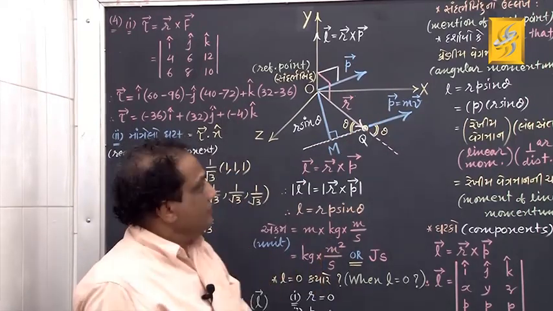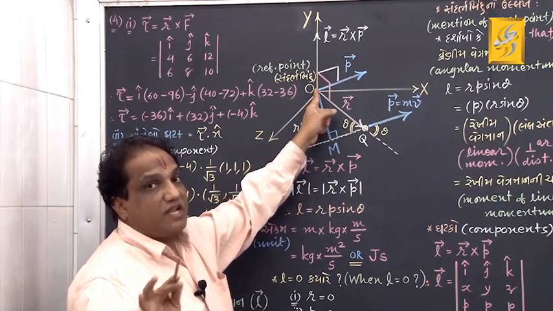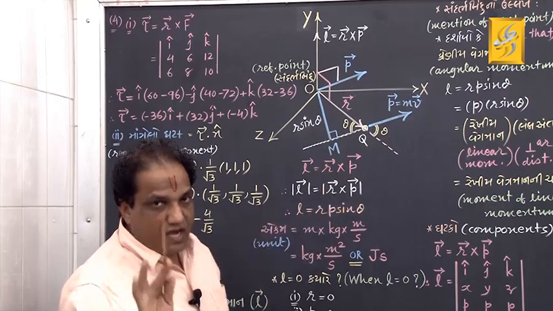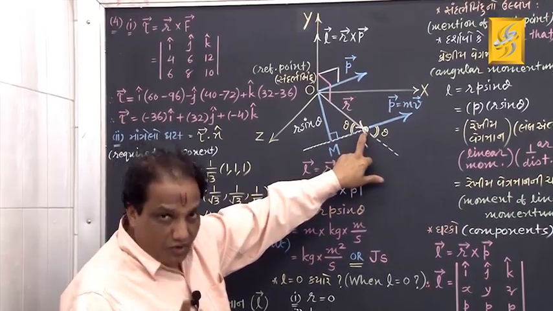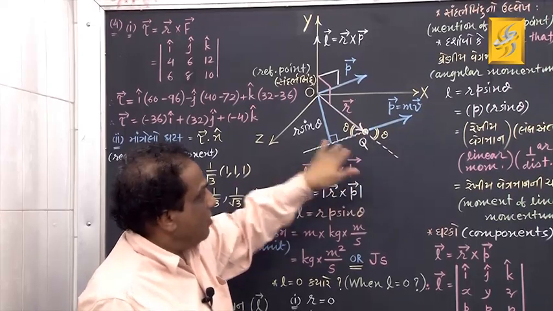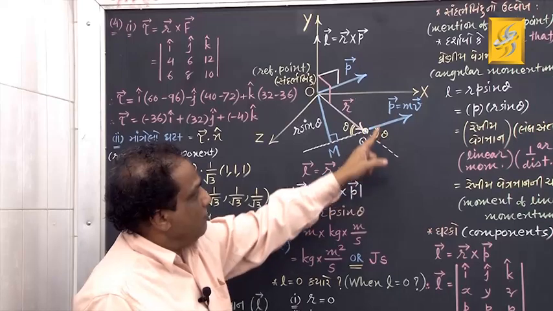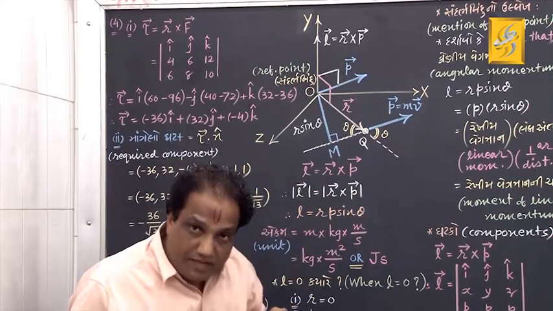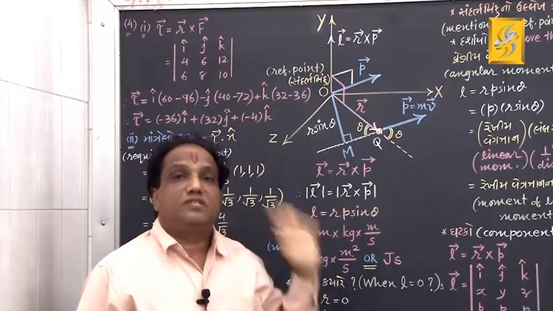And it is not necessary to take the origin every time as a reference point. I repeat, the particle need not be of a rigid body, the particle may not be in the horizontal plane, the particle may not have linear momentum in the horizontal plane, and the origin may not be taken as a reference point.